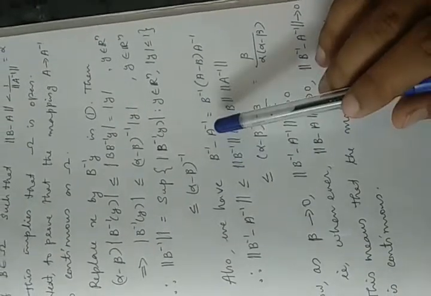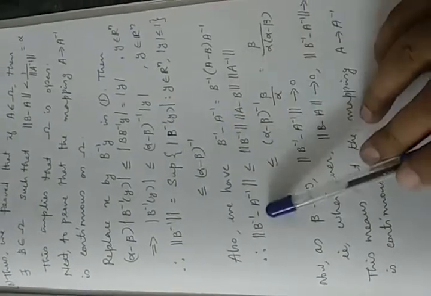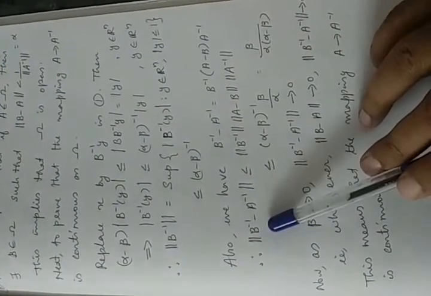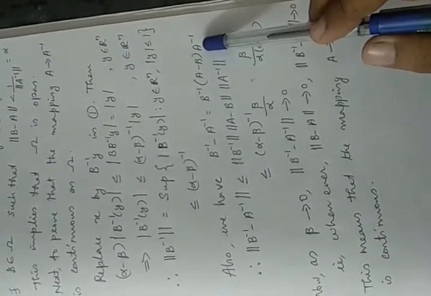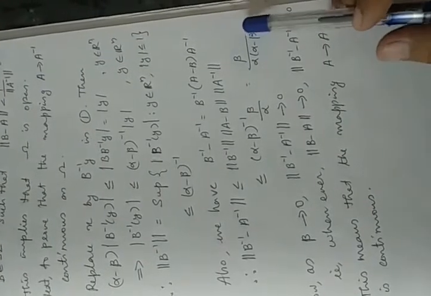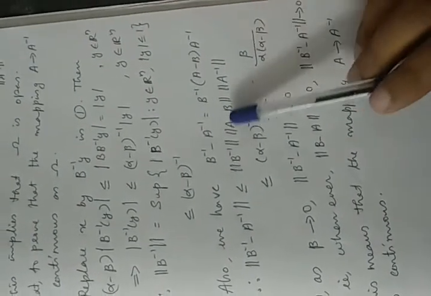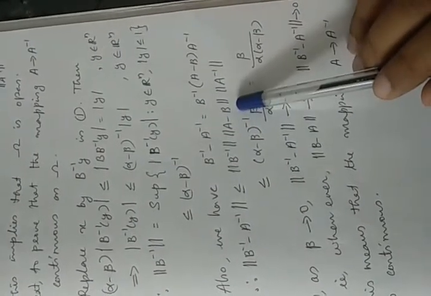So, we have B inverse minus A inverse. Now, consider the norm of B inverse minus A inverse, that is equal to the norm of this. And it is less than or equal to, we know norm of AB is less than or equal to norm of A into norm of B. So, this is less than or equal to norm of B inverse into norm of A minus B into norm of A inverse.